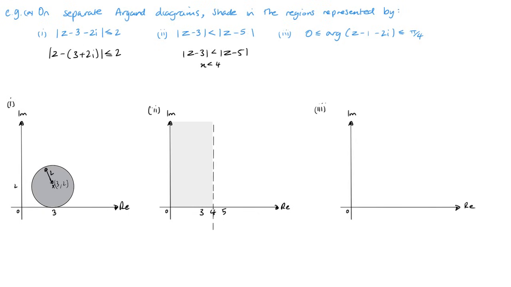So this one, we are drawing a half line from this point with an angle between 0 and pi by 4. So this is arg of z minus 1 plus 2i, and it's between pi by 4 and 0.